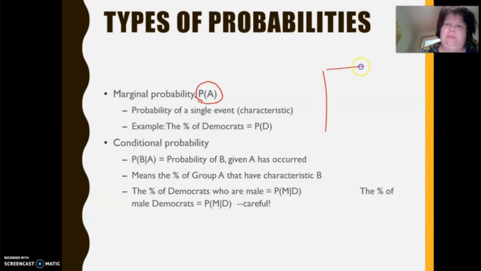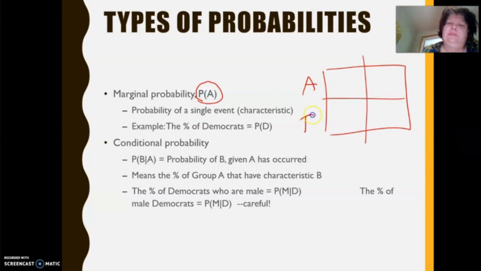So if I make a little box here, and I have A and not A, B and not B, kind of creating a two-way table, right?